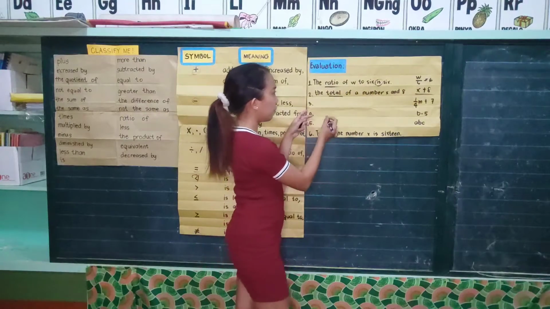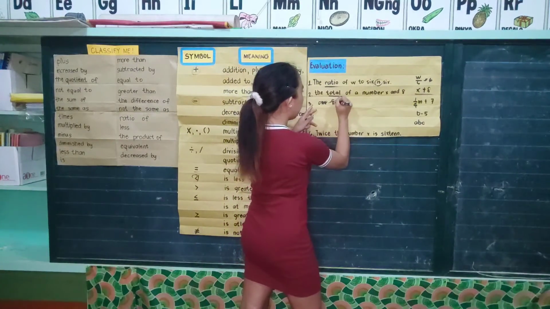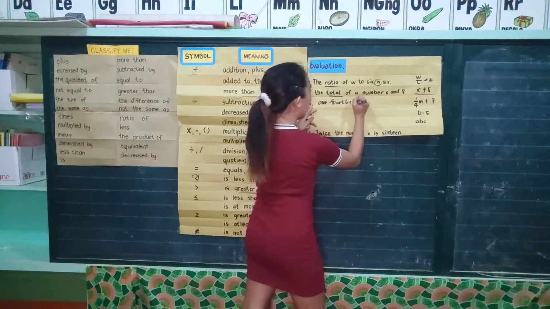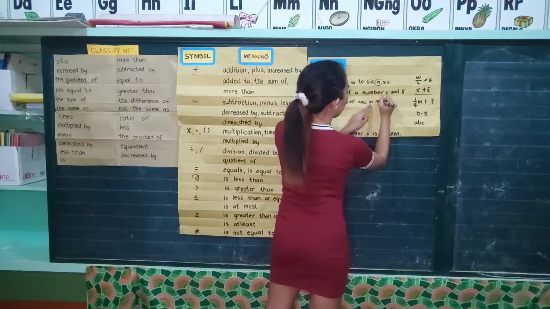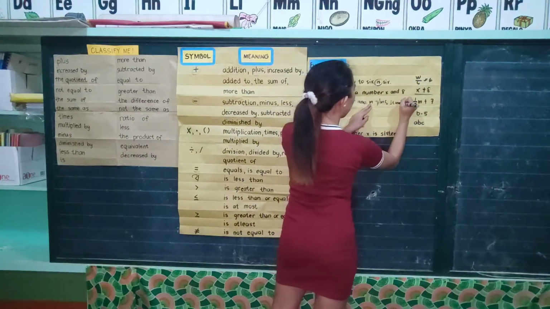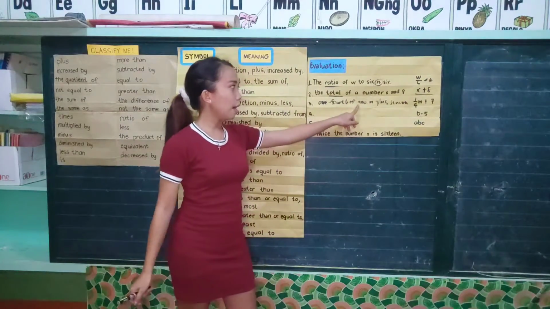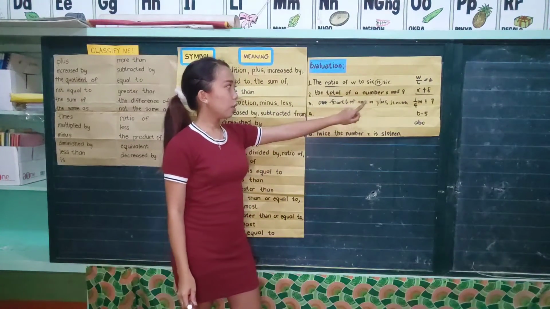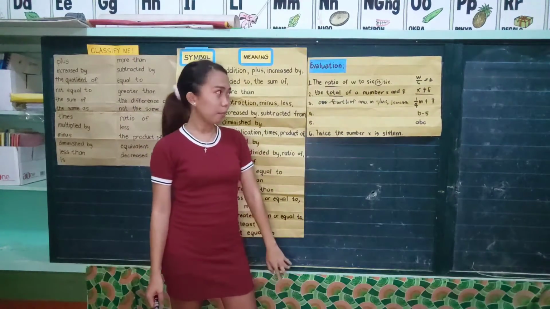So we can say 1/4 of a number m plus 7. Or you can say 7 added to 1/4 of a number M.